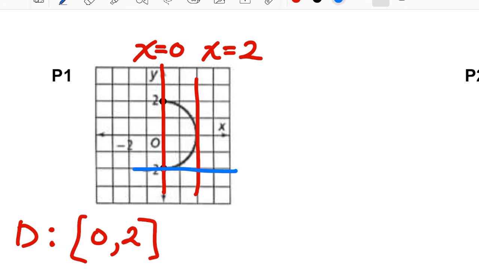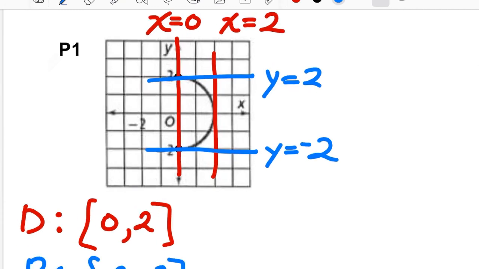In a similar fashion, if you draw these two boundary lines and you reference y equals 2 and y equals negative 2, then we can say that the entire graph is between 2 and negative 2. And that would be the y values for the range.